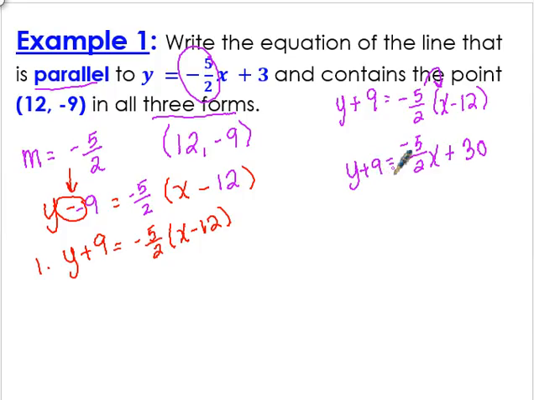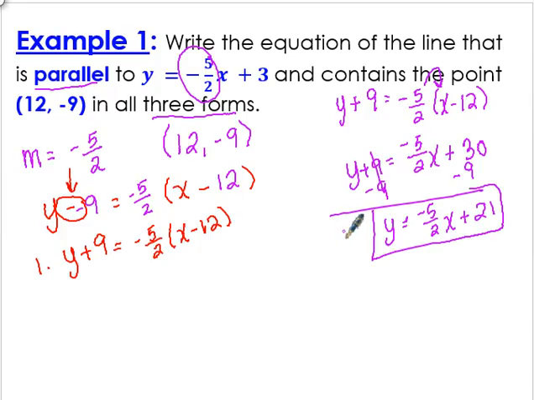Then I want to get rid of plus 9, so I'm going to subtract 9 from both sides, and I get y equals -5/2 x plus 21. And that's the equation of the line in slope intercept form.